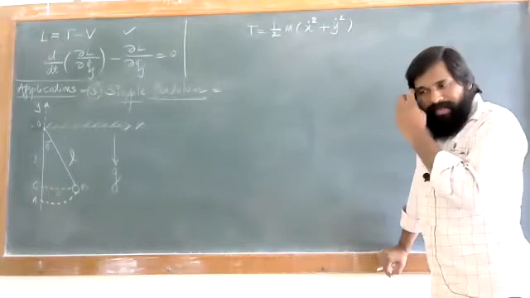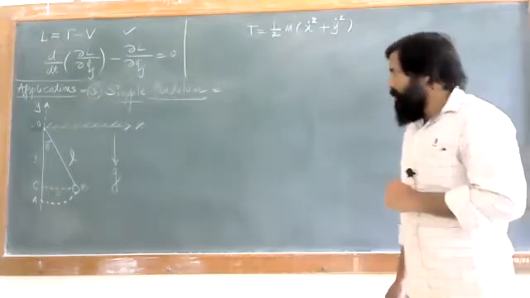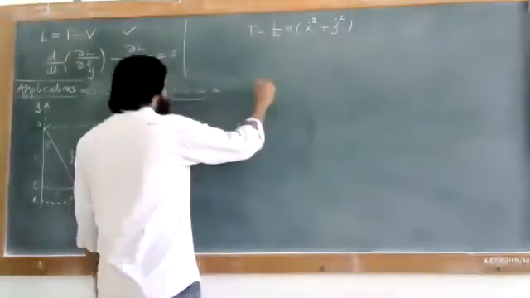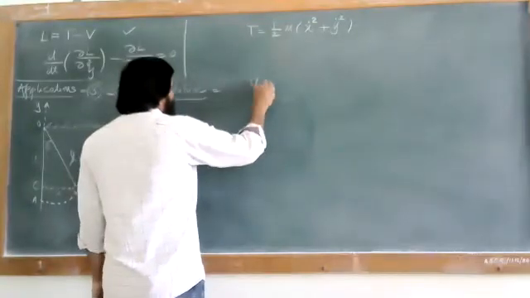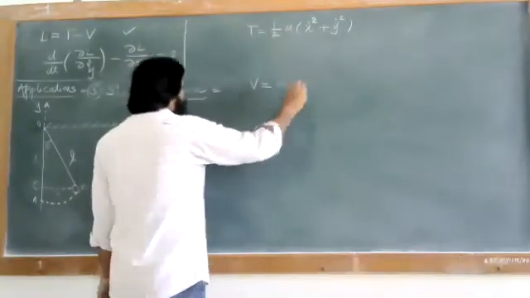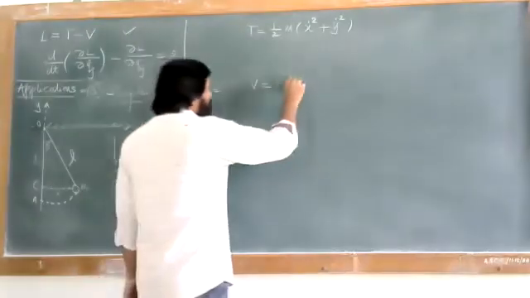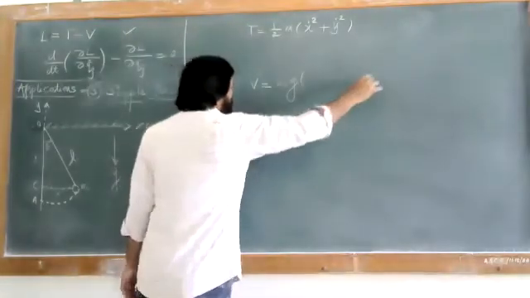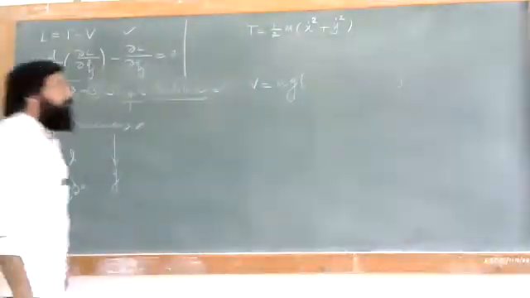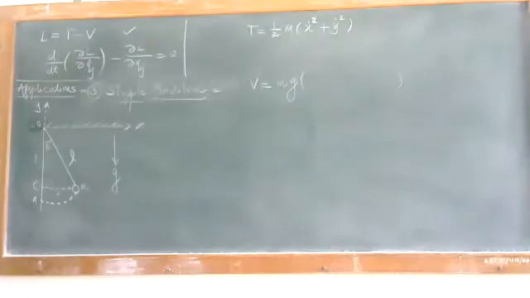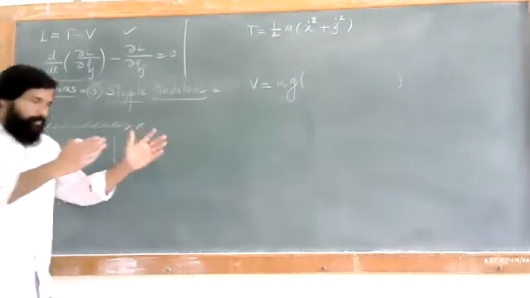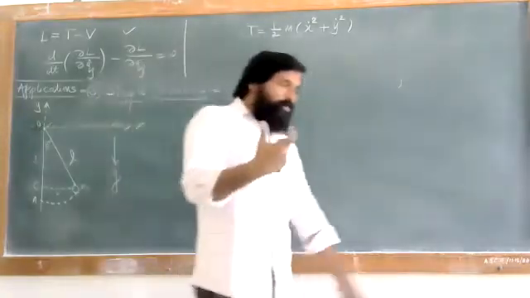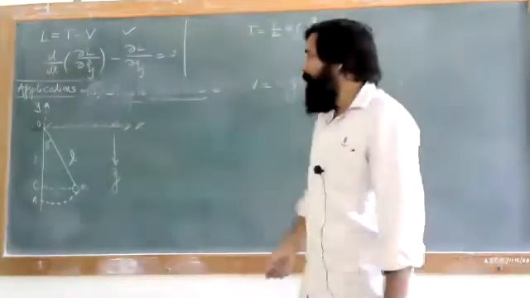And we'll have another thing, that is your potential energy. That potential energy is given in terms of mg into some quantities. Potential energy with the effect of your gravitational force, or you can say gravitational acceleration.